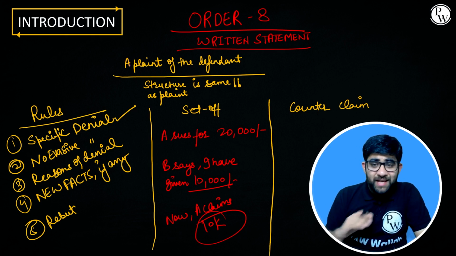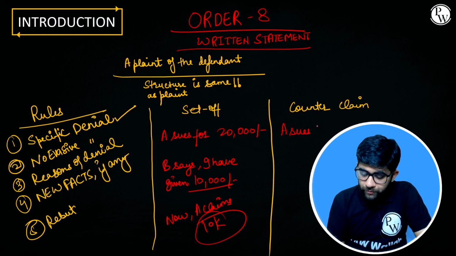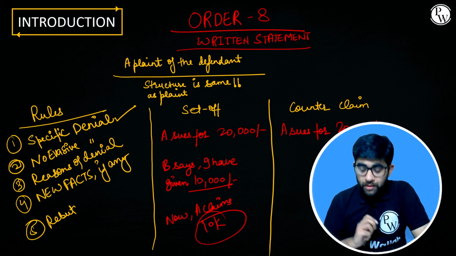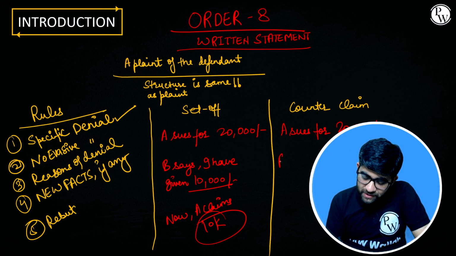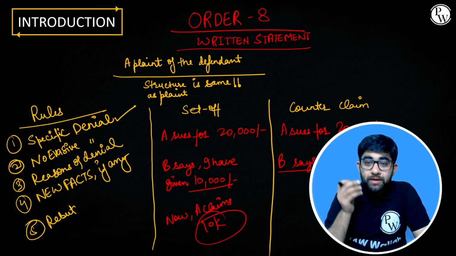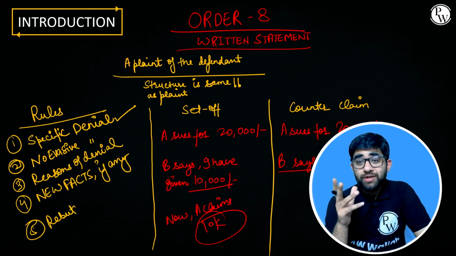Now, same situation: A sues for 20,000. Now B says, since you have sued me for 20,000, my 40,000 were due from you.